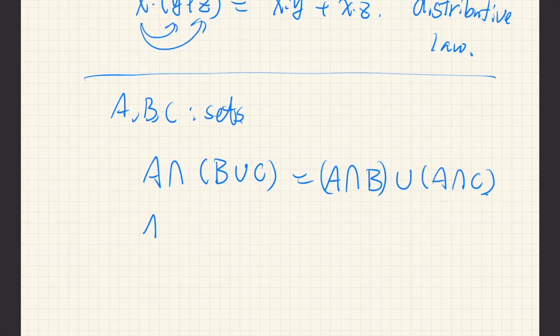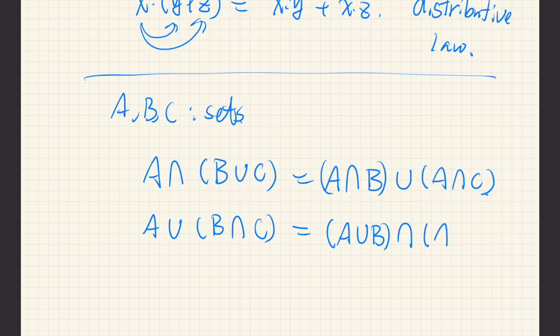Also, we have A ∪ (B ∩ C) equal to (A ∪ B) ∩ (A ∪ C). So in this case, intersection distributes over union, and union distributes over intersection.